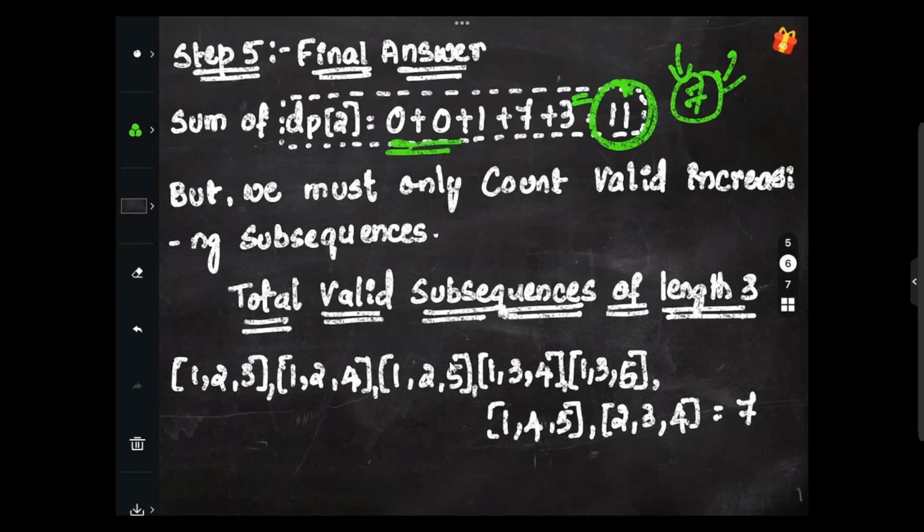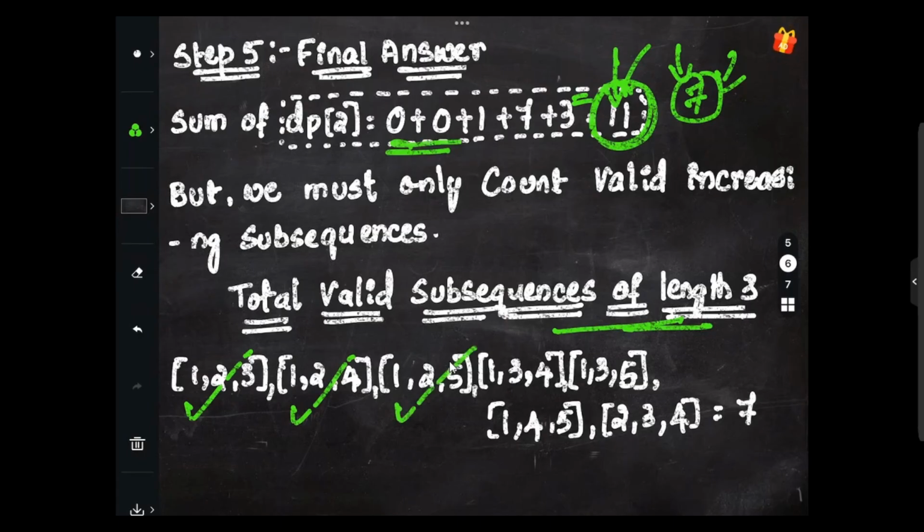So basically we are getting 11 subsequences of length 3, but we will be considering only valid subsequences of length 3.